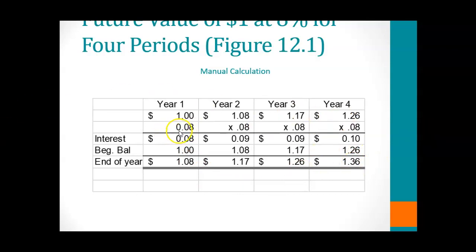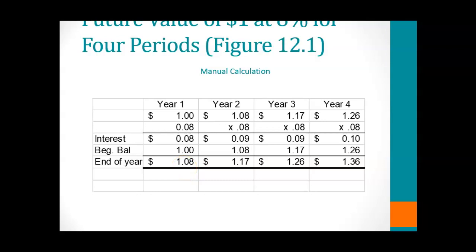Okay? So this is how we got those numbers, just doing simple manual calculations. You would take the annual interest rate times the amount invested to get the amount of interest earned each year. You would add the interest to the beginning balance to get your ending balance. So at the end of year one, you will have in the account $1.08.